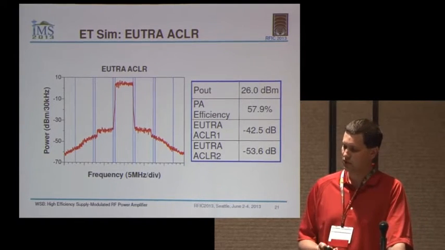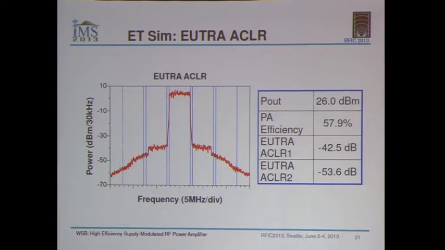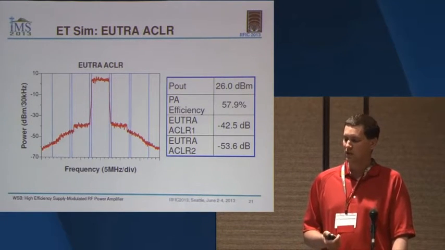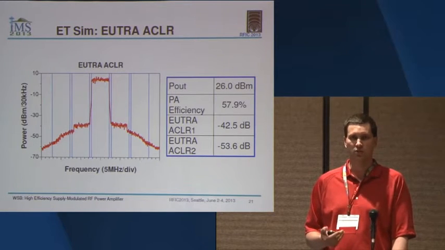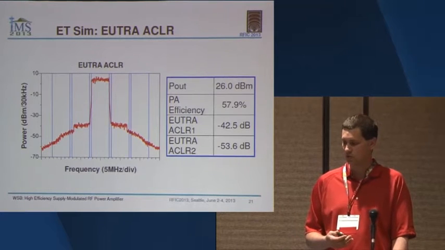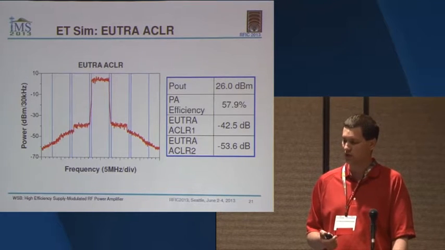On this slide, we show some of the simulation results as an average over time. So an output power of 26 dBm. The efficiency was very close to 58% when we did the time average over the 1 millisecond waveform, coming in at 57.9. The plot shows the spectrum of the waveform in terms of E-UTRA ACLR. Our ACLR performance was about minus 42 dB for ACLR1 and about minus 53 for ACLR2.